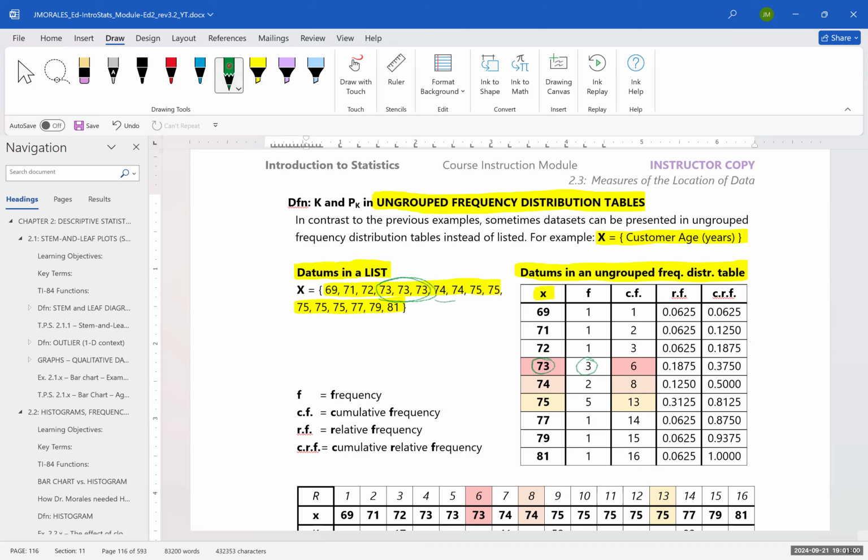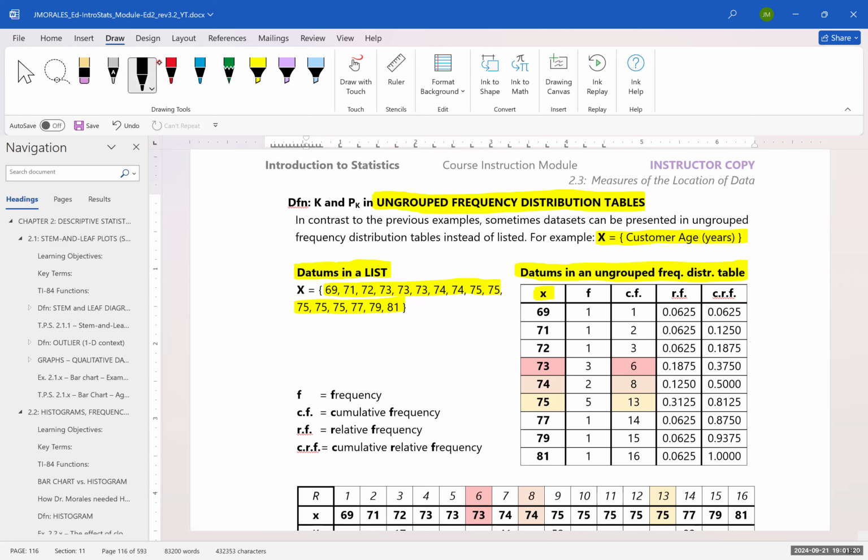And you can see here, the value 74 occurs once in the table, but it has a frequency of 2. So it is very common to see data in this table format instead of in the list format.